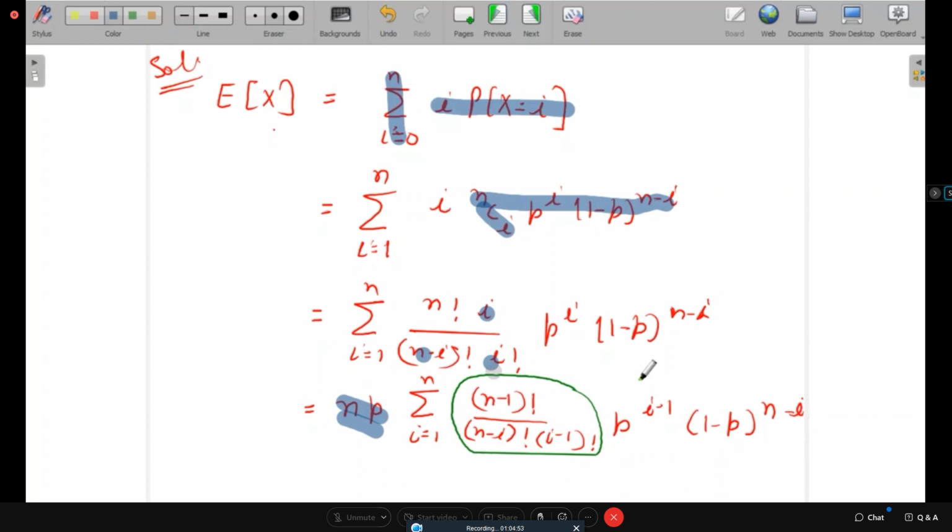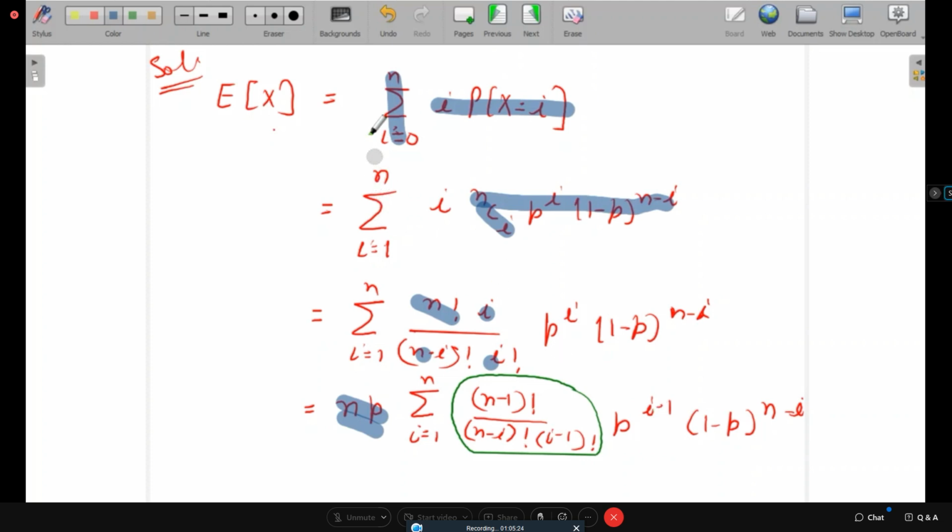This is going to be an expansion of some (a plus b) to the power n minus 1. So n factorial can be written as n times (n minus 1) factorial, so n will come out. Now p to the power i, p will also come out, and what will remain is p to the power i minus 1.